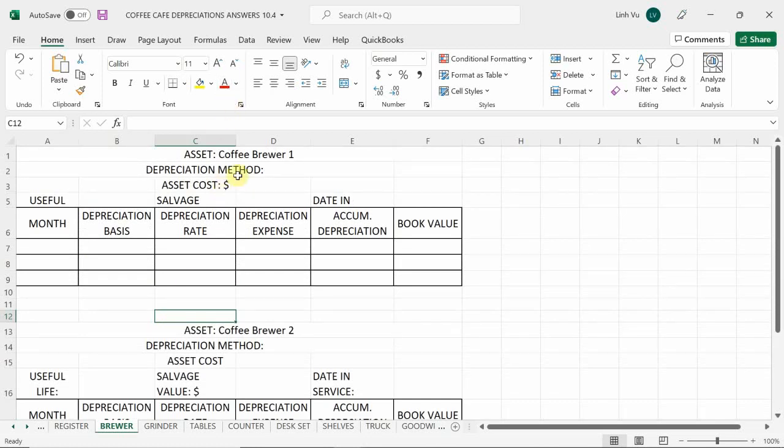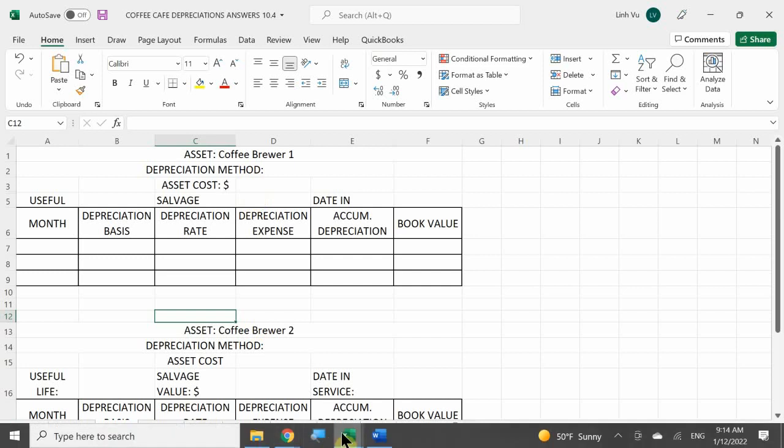What is my asset cost for the first coffee brewer? How do I find my asset cost for my coffee brewers? In the general ledger. Yes. Okay, so coffee brewers.